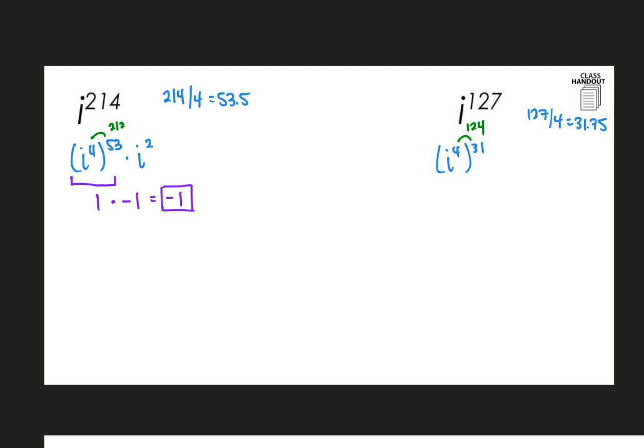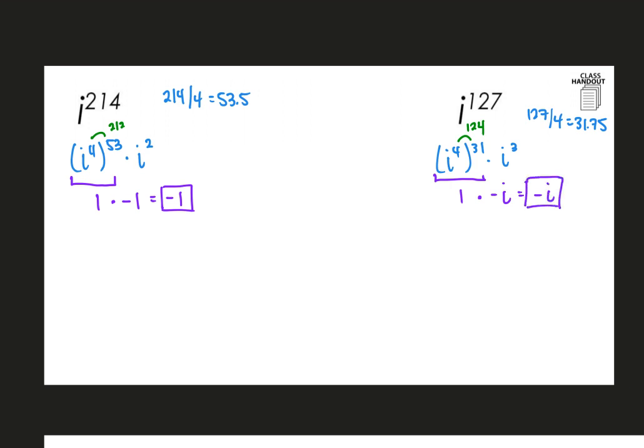And then in order to get to 127, you need 3 more i's. So i to the 3rd power. And then this simplifies down to 1, and then i cubed is negative i. So my final answer is negative i.